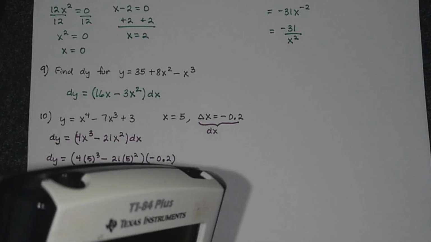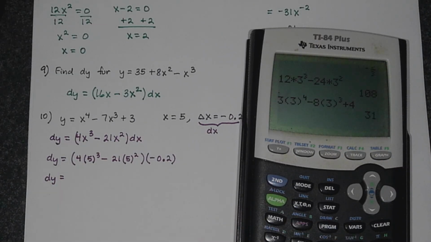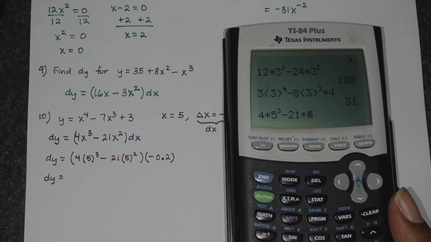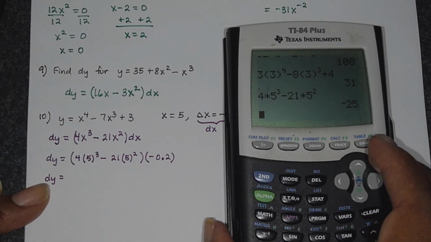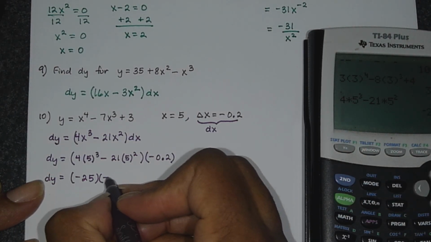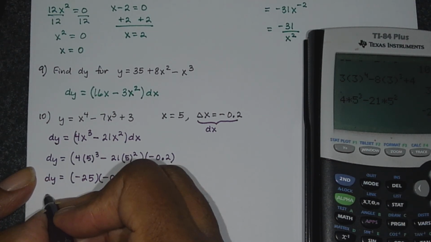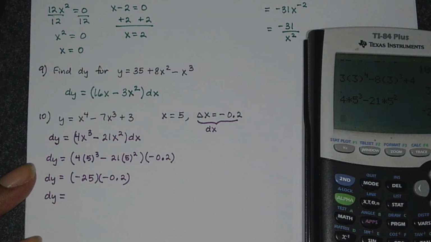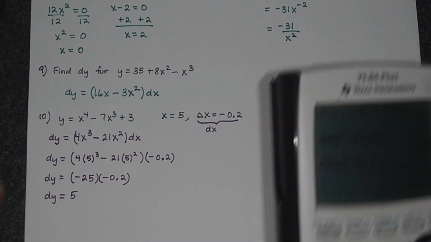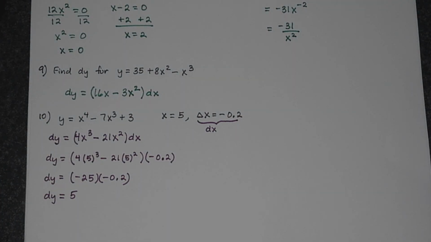I'm going to simplify what's inside the first set of parentheses first. So I got 4 times 5 cubed minus 21 times 5 squared. That part is negative 25. But I have to do negative 25 times negative 0.2. dy ends up being 5. So that's what dy is. It's going to be 5.